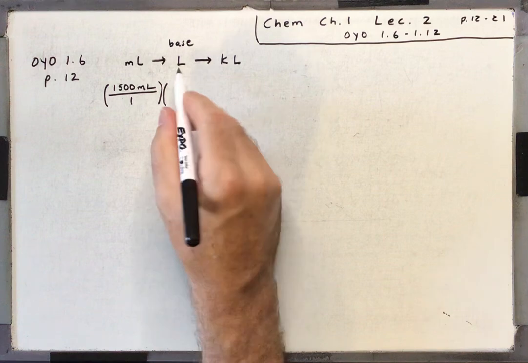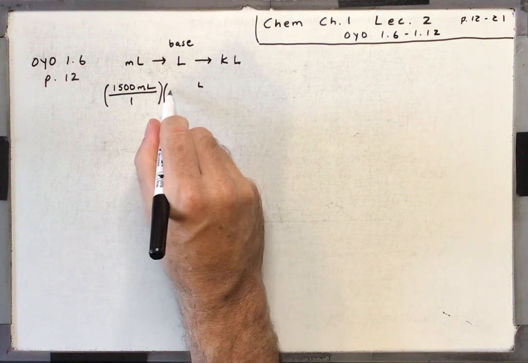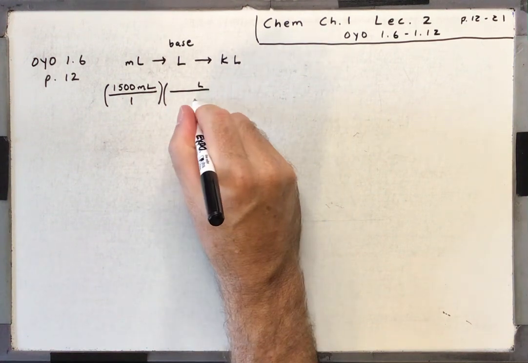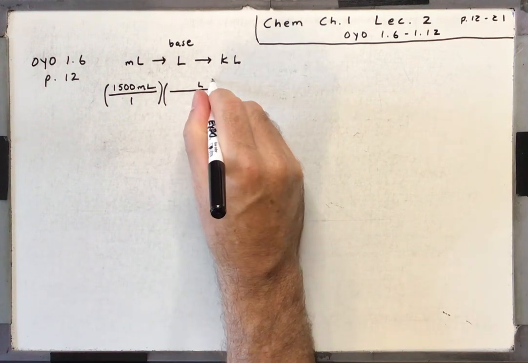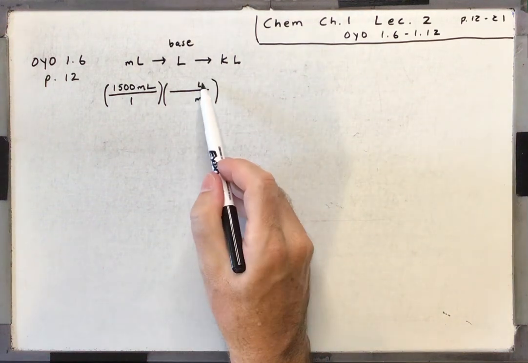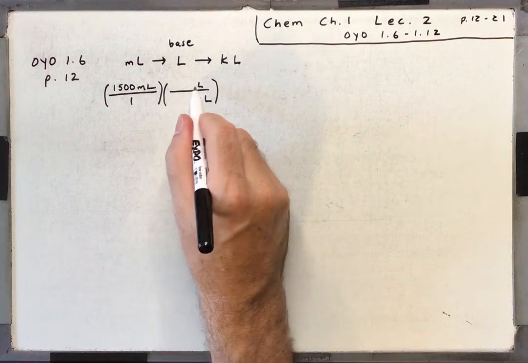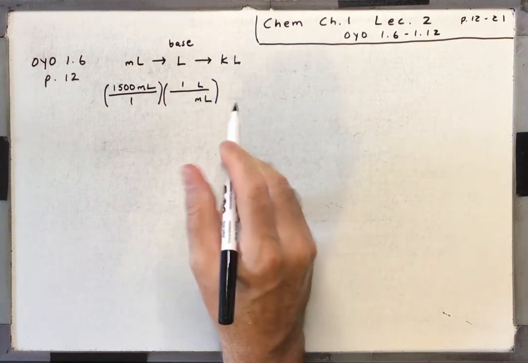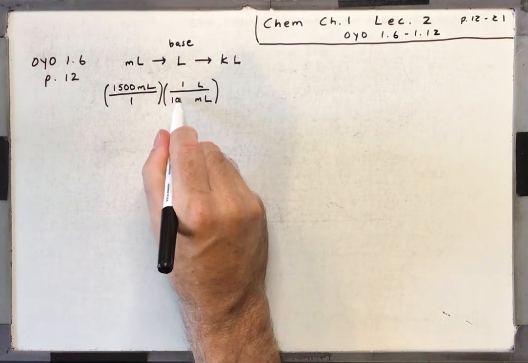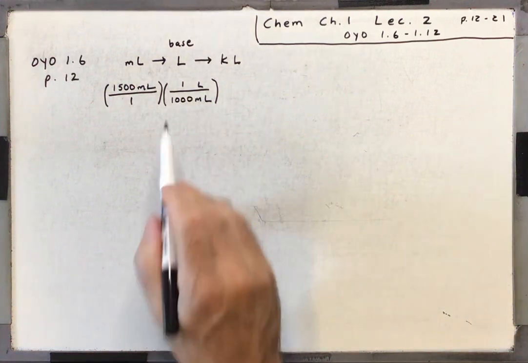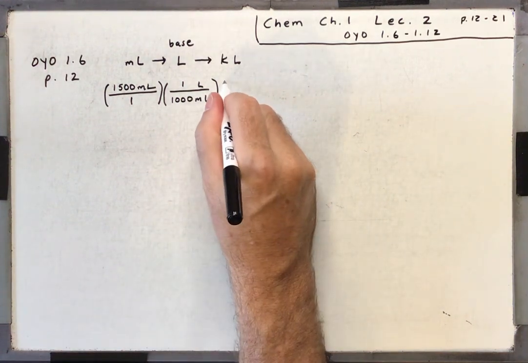Now we're going to convert to the base unit first. Do it by units. Liter on top, milliliter on bottom. Now which one's bigger, a liter or a milliliter? Well, hopefully you remember from yesterday that the liter is bigger and that there are 1,000 milliliters in a liter.